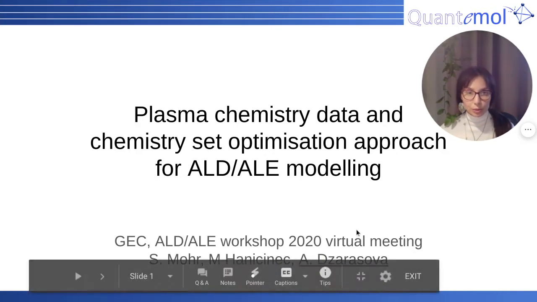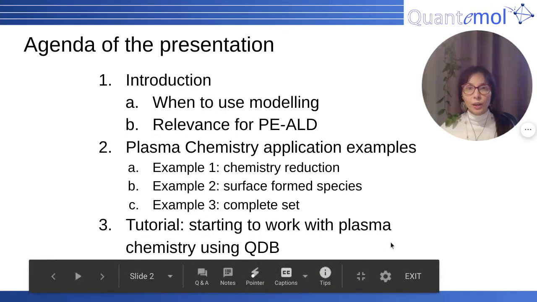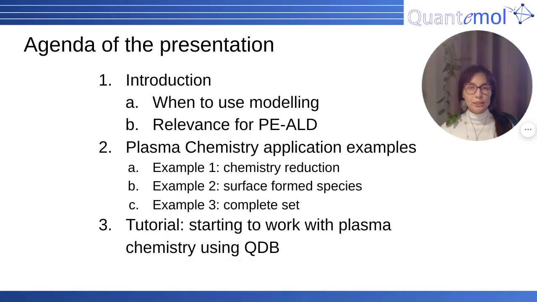So let me proceed to the next slide. The agenda of this presentation is divided into three main sections. First is an introduction, where I will discuss where using modeling is appropriate, or which kind of problems modeling is usually aimed to address. Then I will present a potential problem where modeling can be useful in the case of plasma-enhanced ALD.